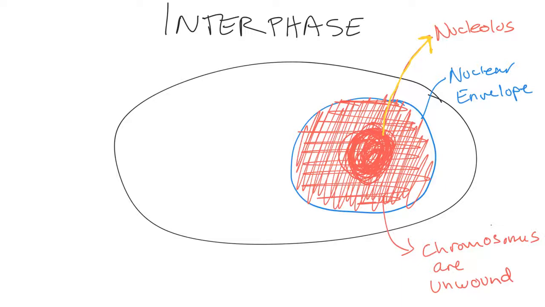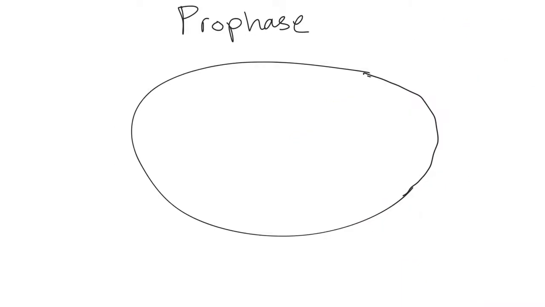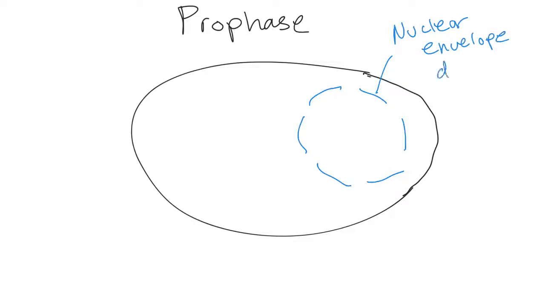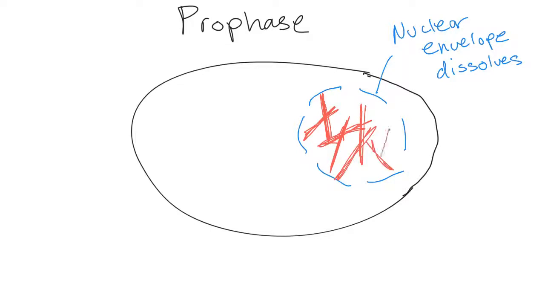Okay, so try and use the same code. The first phase of mitosis then is prophase. In prophase, the nuclear envelope starts to dissolve, and the chromosomes start to condense.